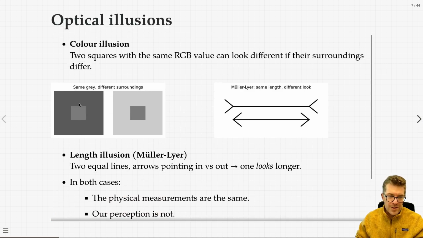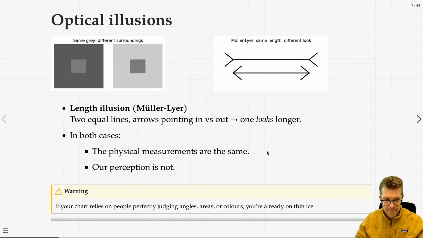So on one side, the context is the hue that leads our processing astray in terms of the hue of the inner square, and then we also have this illusion of context, which helps lead us astray to decide which of these lines is longer or not. So in both of these cases, the physical measurement might be exactly the same, but our perception is not.